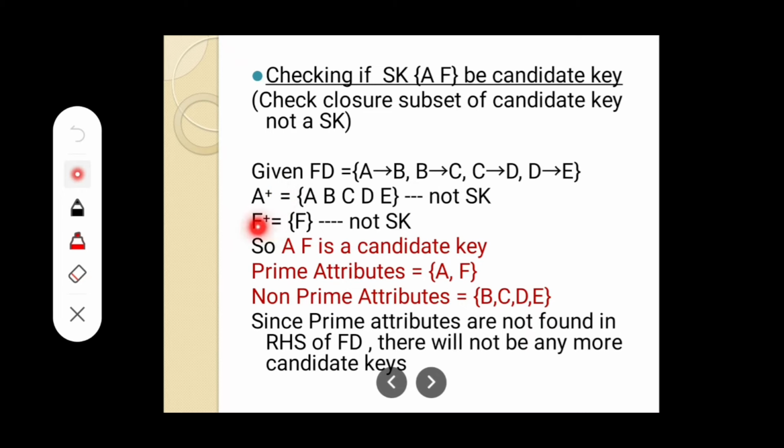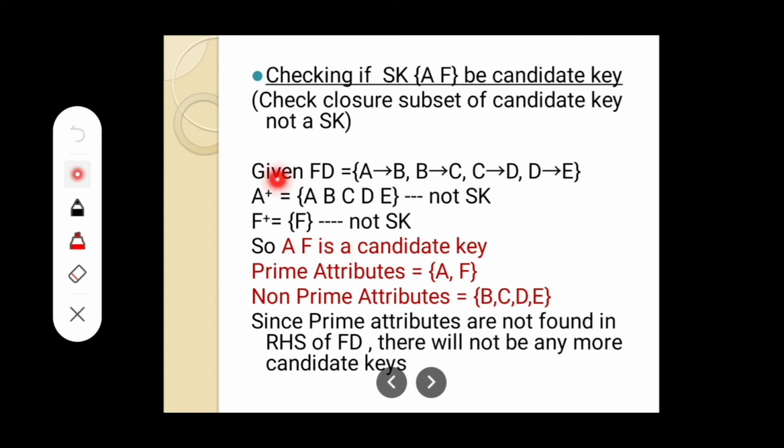So what is F closure? F closure is F. Anything starting with F here? No, nothing is starting with F. So F is the only value here, which is not a super key. Our super key is AF and A, B, C, D, E, F. F is not a super key. Clear? So we can confirm that AF is a candidate key.